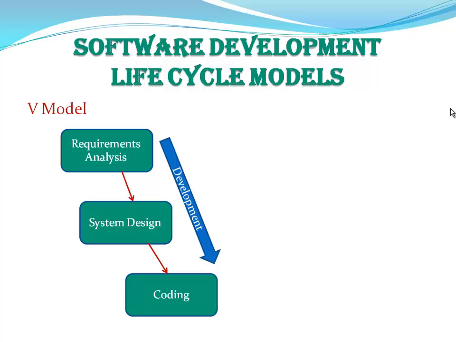First we have the requirement analysis, then the system design, and then coding, and these are all activities of development. The requirement analysis produces the requirements document, the system design produces the system specification, and the coding produces the software.